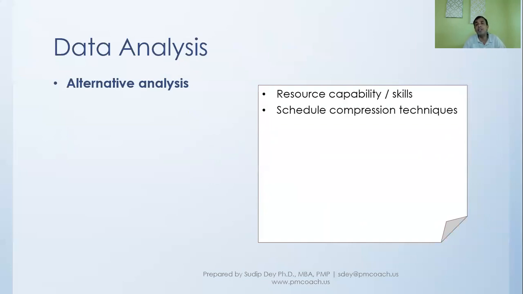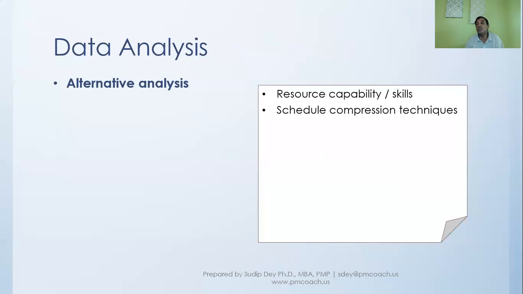Then there will be schedule compression techniques. For example, a user might come and say, hey, you were saying that based on your plan, it will finish in 2 months. But no, from a business perspective, we cannot wait that long. You have to do it in 1.5 months.